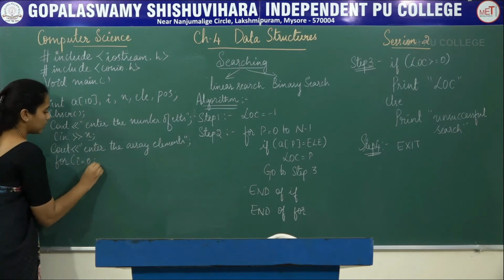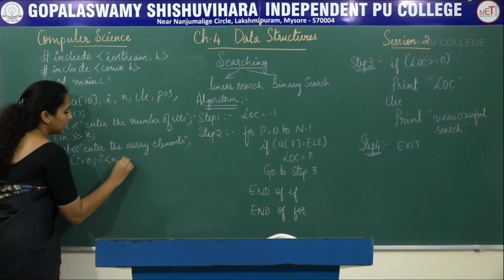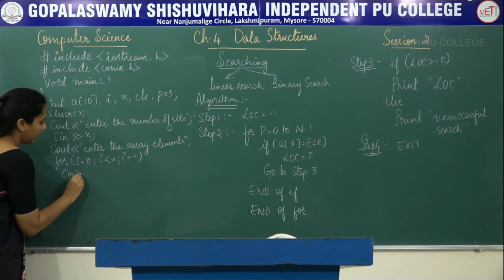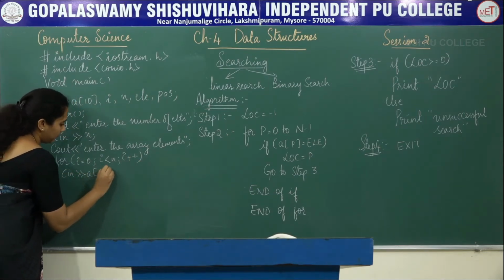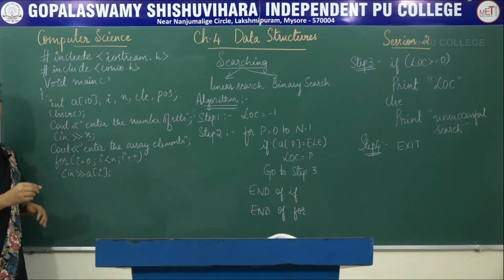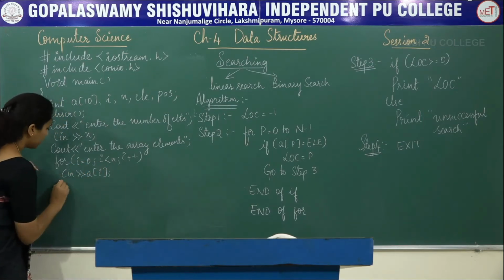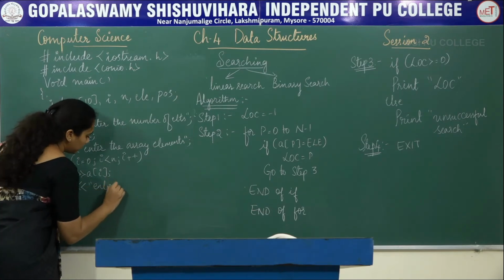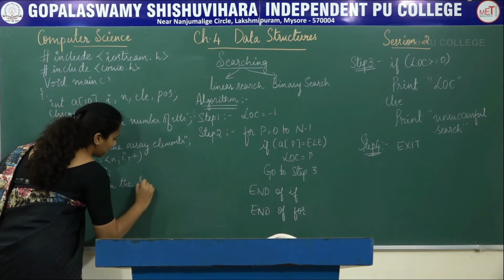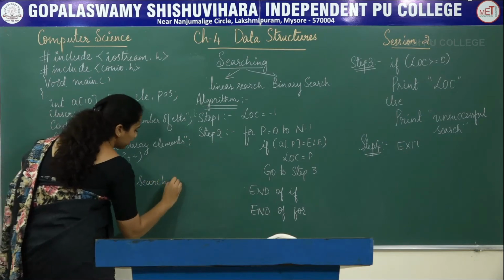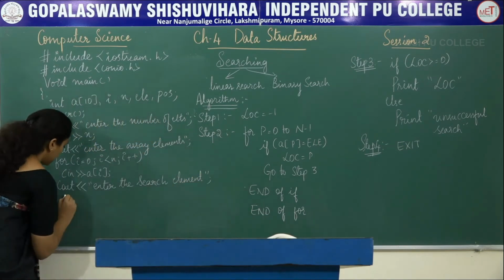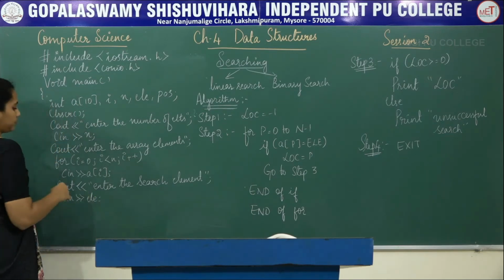For i equal to 0, i less than n, i plus plus, cin into A of i. Next, what we have to do? We have to enter the search element. So cout, enter the search element, cin into element.